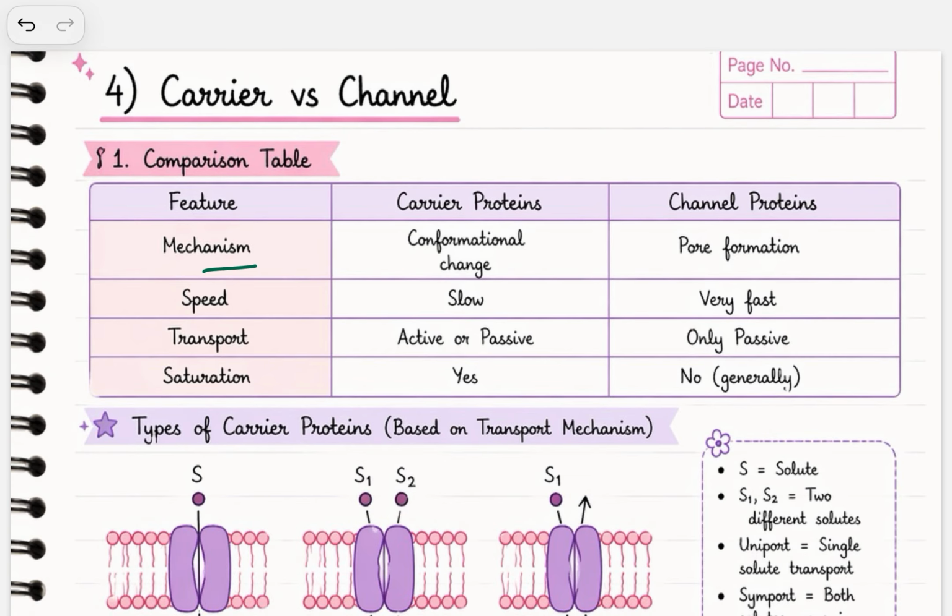Mechanism: here conformational change takes place, while in channel proteins pore formation is there. Speed: carrier transport proteins are slow, channels are very fast. Transport: carriers do active or passive both, channel proteins only passive. Saturation: it is there in carriers, and in channels no saturation.